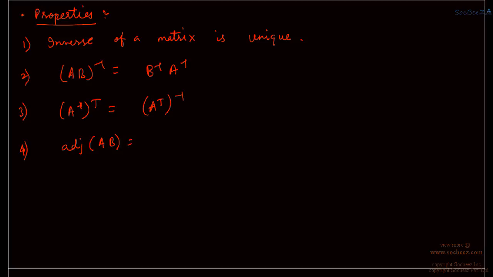Even the adjoints follow the reversal law, and hence adjoint AB is the same thing as adjoint B into adjoint A. Right? If you take the transpose of A and take its adjoint, it is the same thing as taking the adjoint and then transposing it. Right.